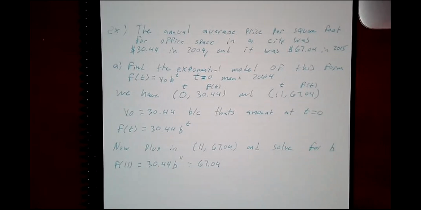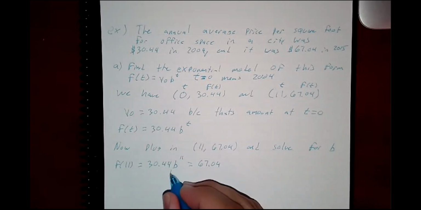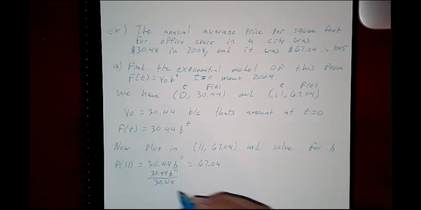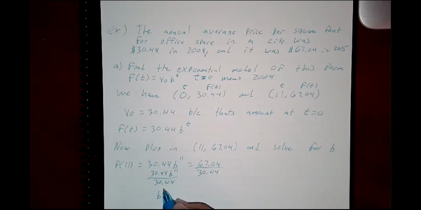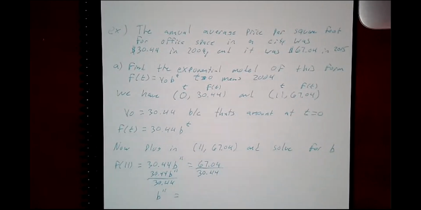Okay, so just solve for b. Divide that number over, right? Divide this number. So we get b to the 11 equal to 67.04 divided by 30.44, approximately 2.20.